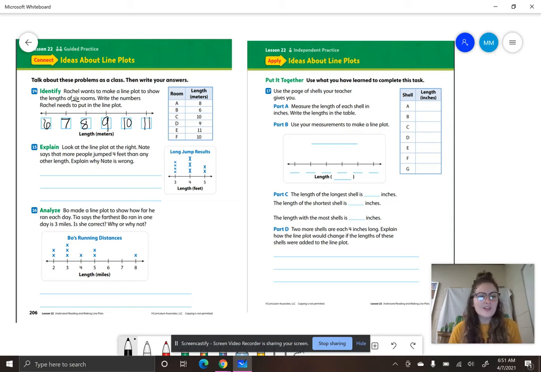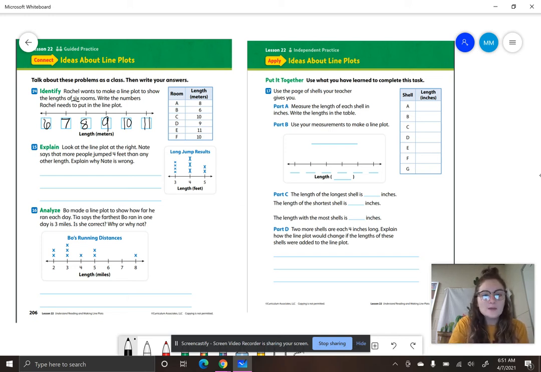All right, let's look at 15. It says, look at the line plot at the right. Nate says that more people jumped 4 feet than any other length. Explain why Nate is wrong. Let's look at the lengths.